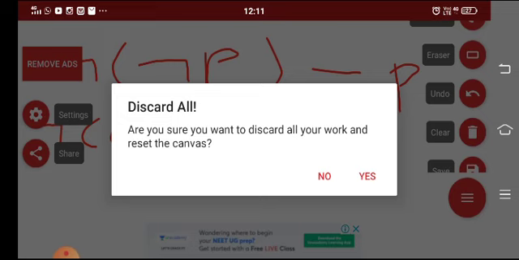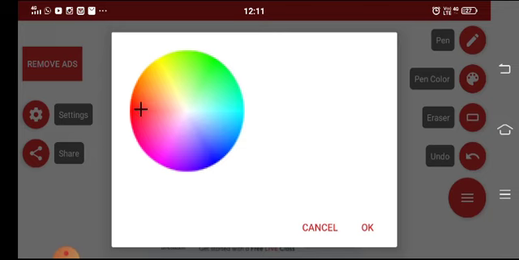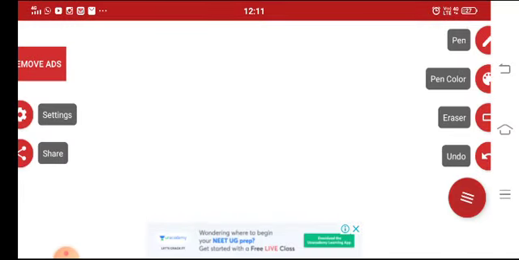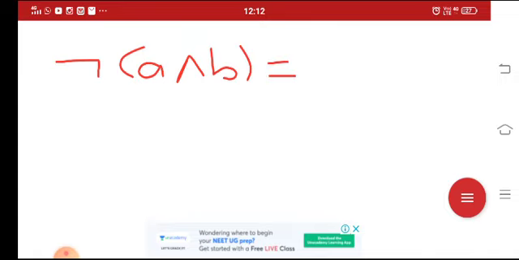Now we'll see how De Morgan's law works. Negation of A and B will be equal to negation of A or negation of B.